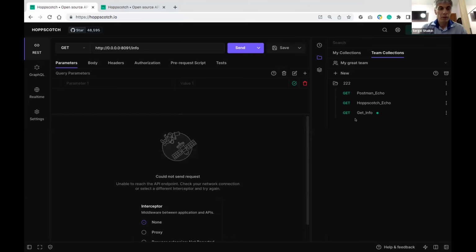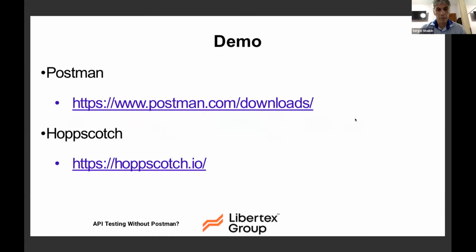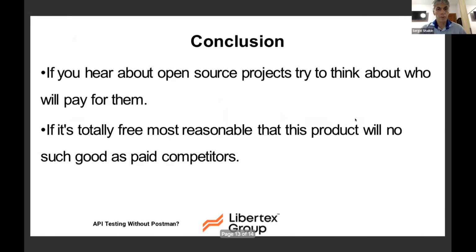I think that's it. Those are the main features of Postman, and I like this application. But now the conclusion of my presentation. If you hear about an open source project, try to think about who will pay for them, because we all work on a salary, and we try to earn some money.